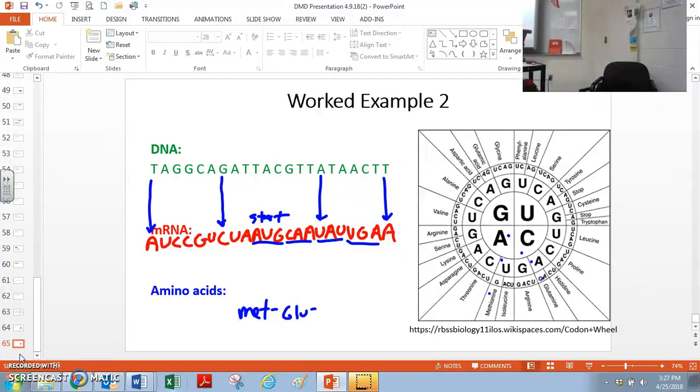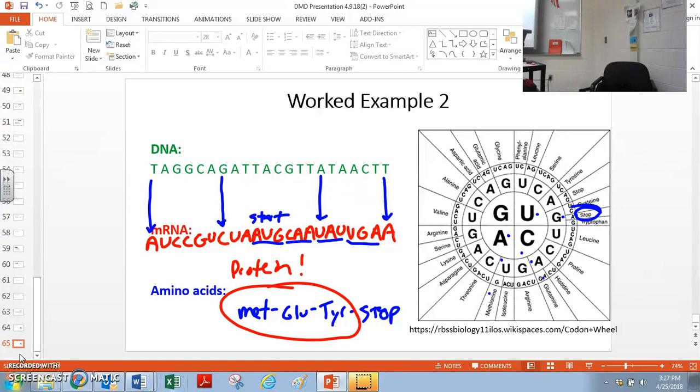UAU is going to give us tyrosine. And then UGA, look at that. There's a stop codon, so we're going to stop. So what this means is that this is our little protein. Each of those 3 amino acids is part of this protein.